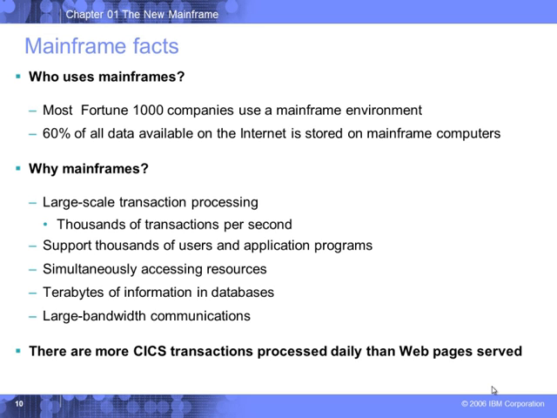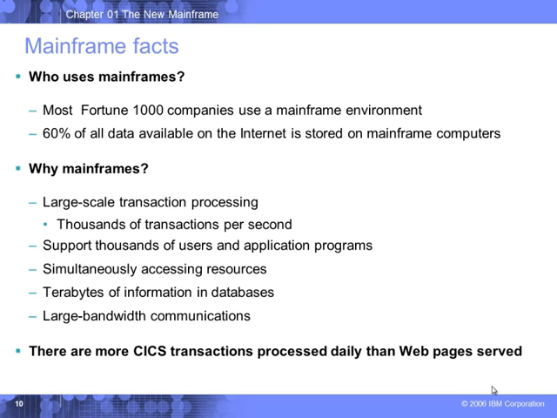So why do we use them? Large-scale transaction processing. We don't know of another technology that can process, right now, up to 100,000 transactions per second. 100,000 transactions per second. Securely, accurately. We don't know of another technology that can do that, and there is a big need for that by a lot of companies.